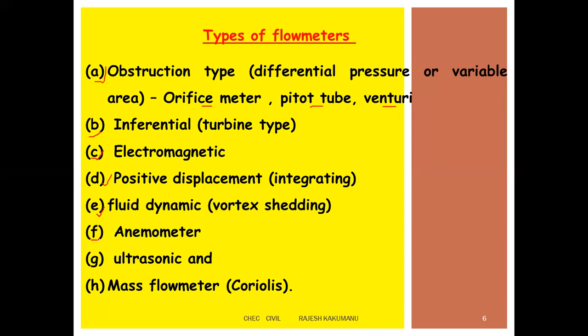Sixth one, anemometer. Next one is ultrasound meter. Next one is a mass flow meter. Like this, we have various types of flow meters used for measuring the flow rate. But according to your syllabus, we have only three types of meters: the orifice meter, pitot tube, and venturi meter, right?